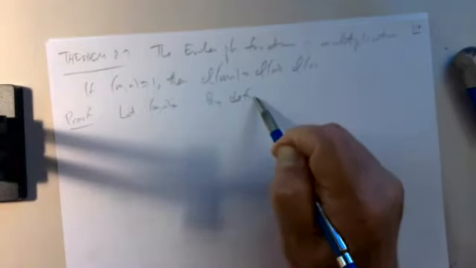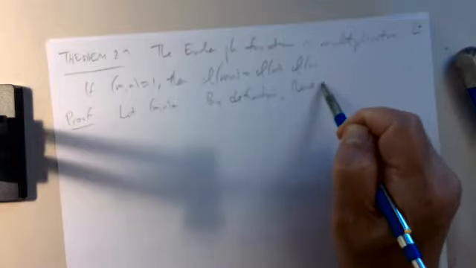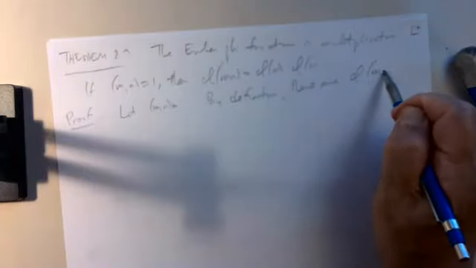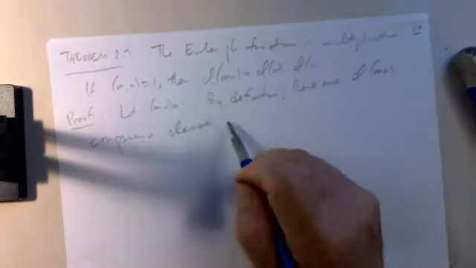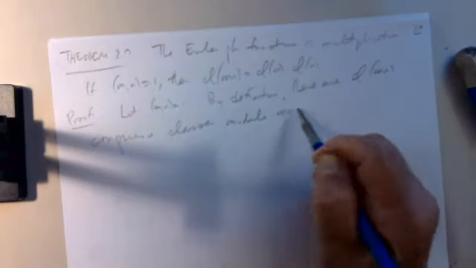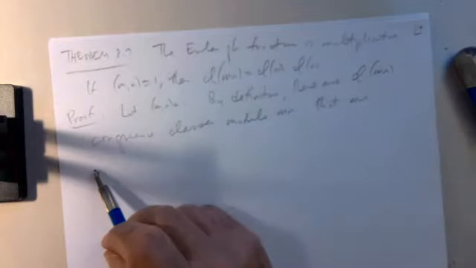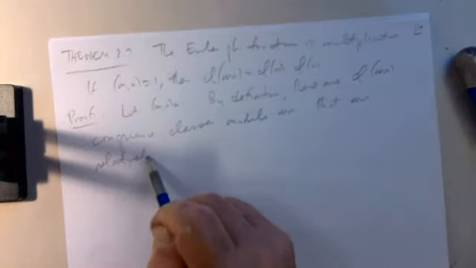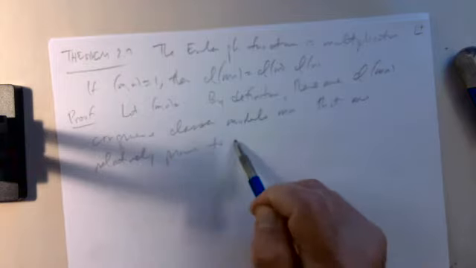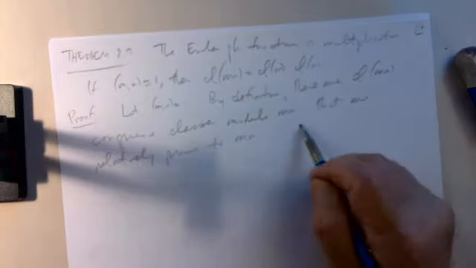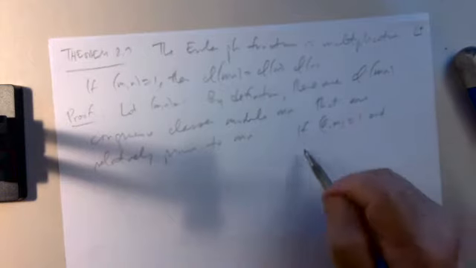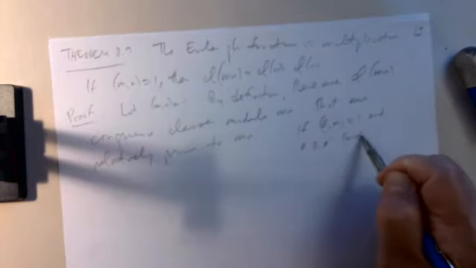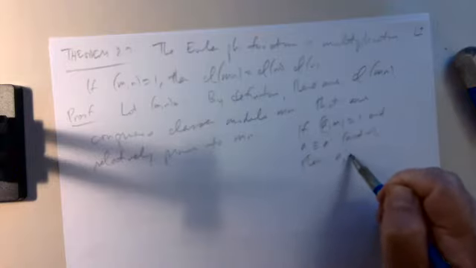By definition of the phi function, there are exactly phi of M times N congruence classes modulo Mn that are relatively prime to M times N. In general, we know that if A and M are relatively prime and A is congruent to A prime mod M, then A prime and M are relatively prime.